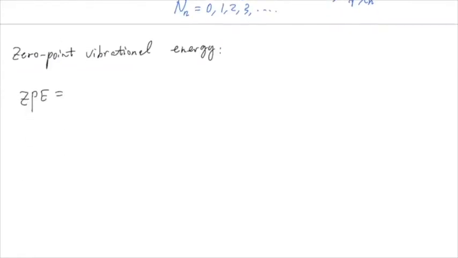And therefore, it is equal to 1/2 h bar summation from 1 to capital F of omega n, right? For a large molecule, actually, this zero-point energy is not a small number. For a large molecule with a lot of atoms inside this molecule, the order of magnitude of this zero-point energy could be around 1 electron volt. So it's definitely an important factor to consider.